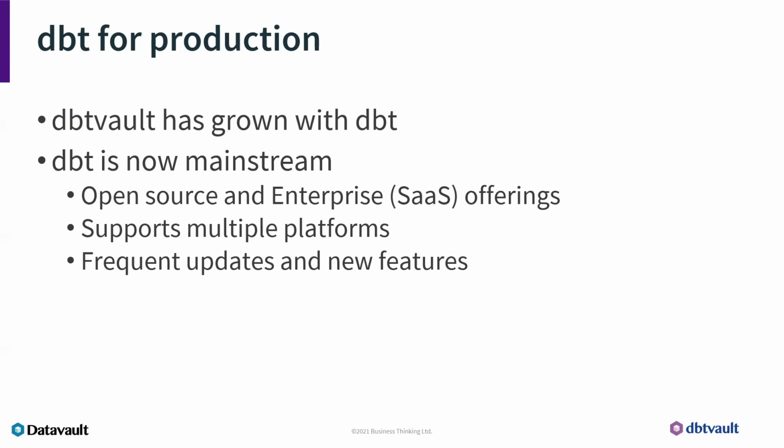Maybe they're using dbt to build a data warehouse. They find dbtvault. The success of dbt has been helping dbtvault significantly. They may also want a tool for Datavault 2, come across dbtvault, find dbt as well. So yeah, it works both ways.